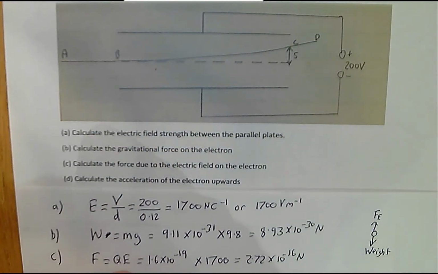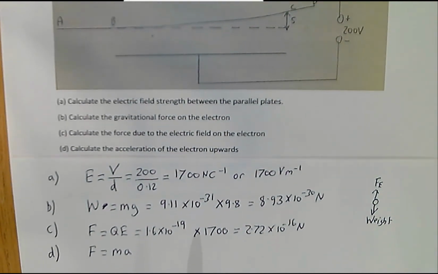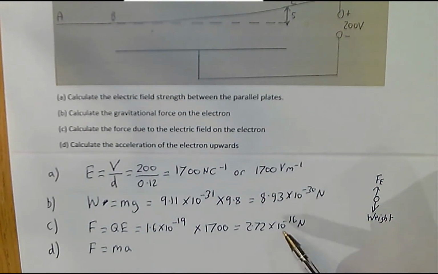Okay, so D asks us to work out the acceleration, so we're going to use Newton's second law here. F equals ma, looking at our unbalanced force. In this case, the unbalanced force, as we have stated, is those two take away each other. This one's so tiny, this will be the unbalanced force.